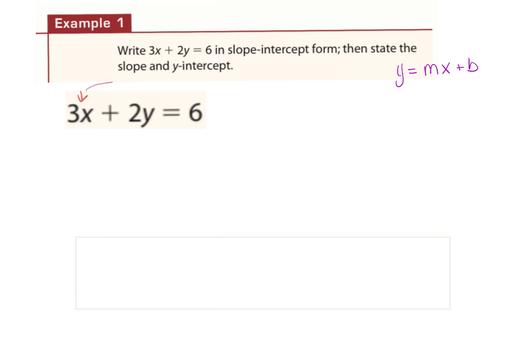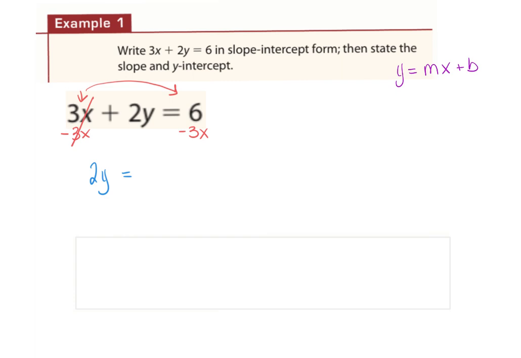We want to move that 3x across the equal sign, which means we need to add or subtract it. In this case, it's a positive 3x, so I'm going to move it across by subtracting 3x from both sides. On the left-hand side, it just cancels out, and I am left with just that 2y. On the right-hand side, can I combine 6 and negative 3x?